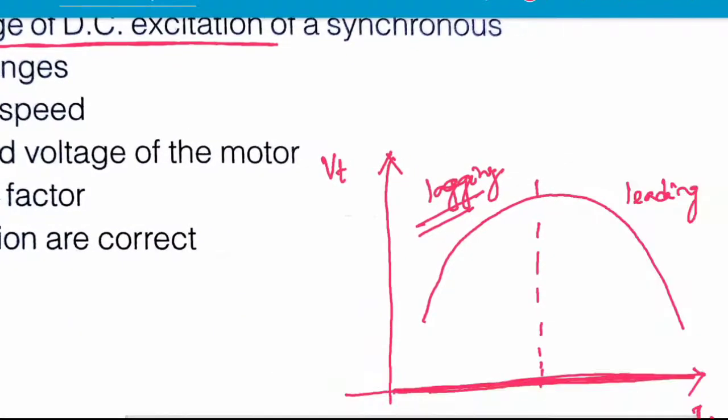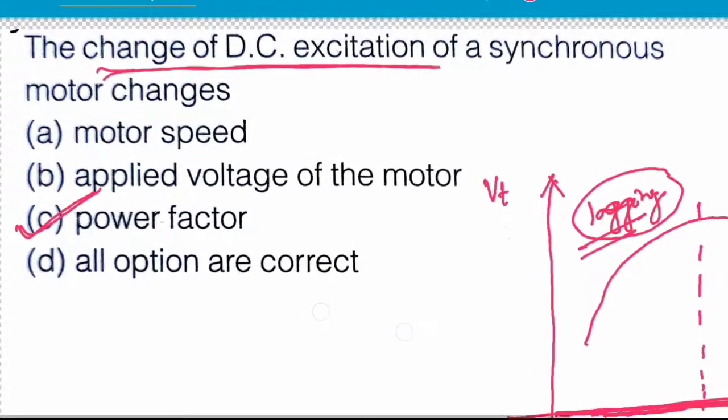So here if we increase, then it will be leading, that means it will act as a condenser. If we decrease the DC excitation, it will act as lagging or the inductor. So power factor is the correct answer.